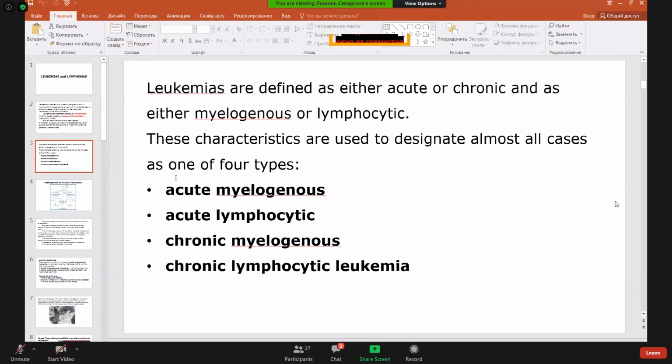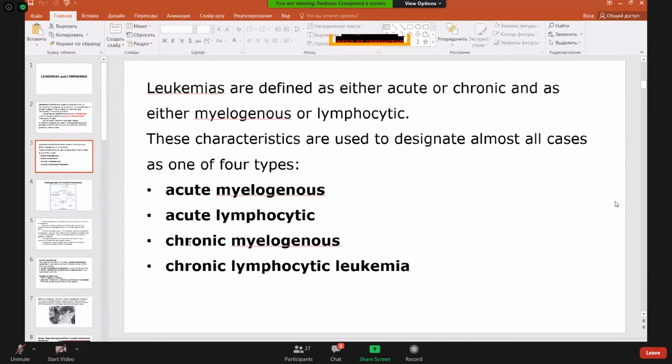Please remember, the acute leukemias, myelogenous and lymphocytic, are very aggressive, and their symptoms are in general the same. That's why it's not so important for the patient what type of leukemia it is; blastic cells can be revealed in the circulating blood and in the bone marrow. And chronic leukemias have different symptoms.